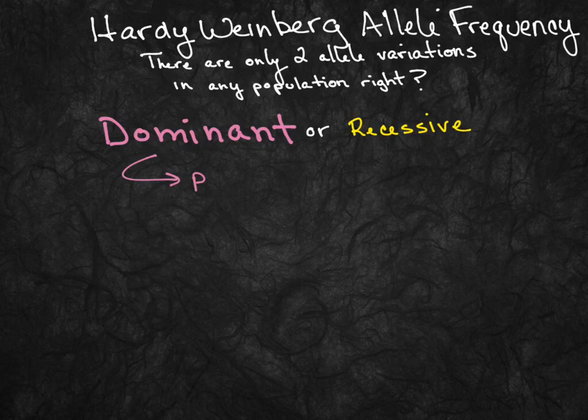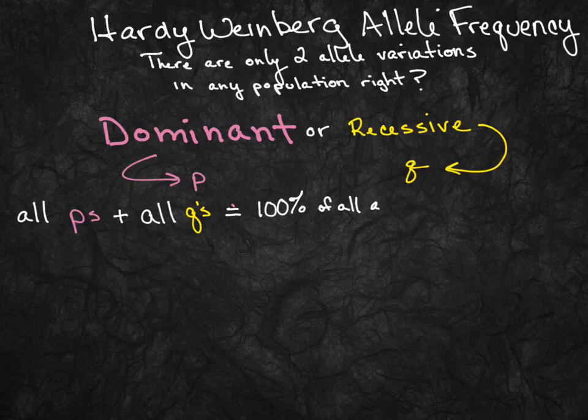In Hardy Weinberg, P, the letter P, is always representing the dominant allele, and the letter Q is always representing the recessive allele. So in allele frequency questions, we are working with a specific formula.